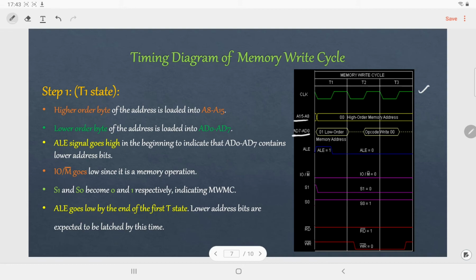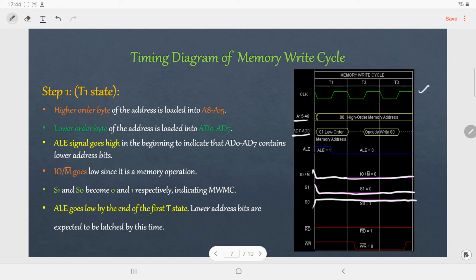And here in the first T state, when ALE is 1, it confirms that the address data bus contains the address for the first T state, and later on it will be available for carrying the data bits. And then as defined, IO/M bar is 0 because it is a memory operation, and S1 will be 0 because we are performing write, and S0 will be 1.